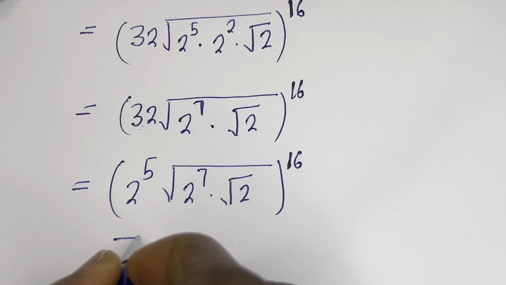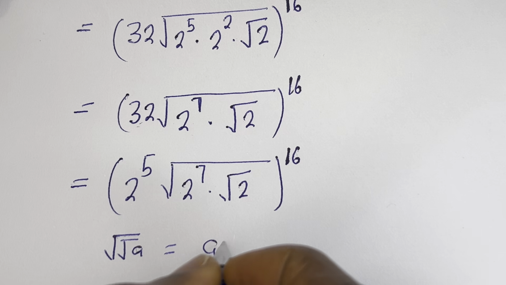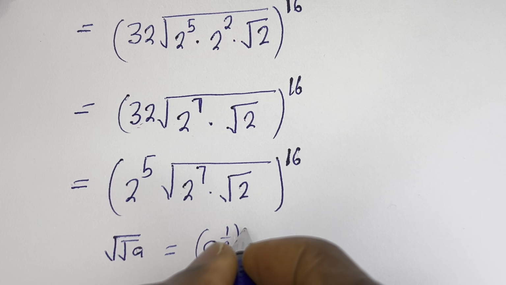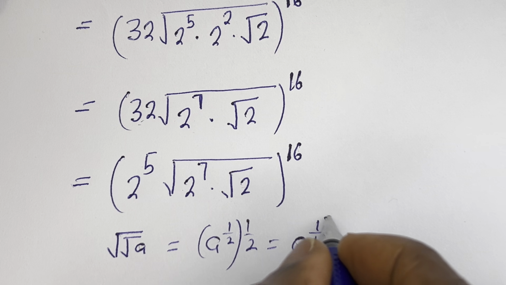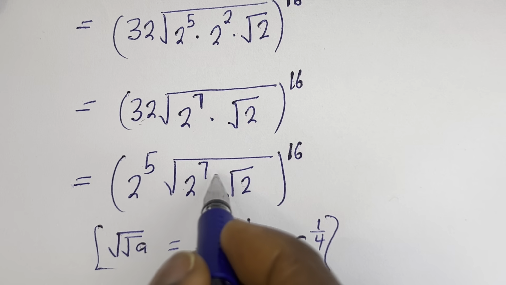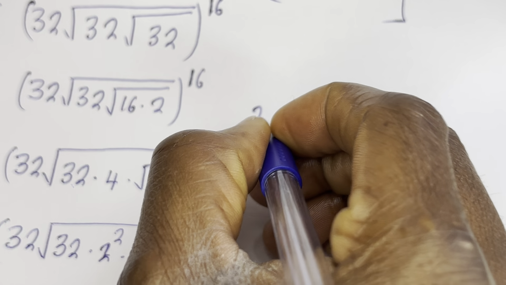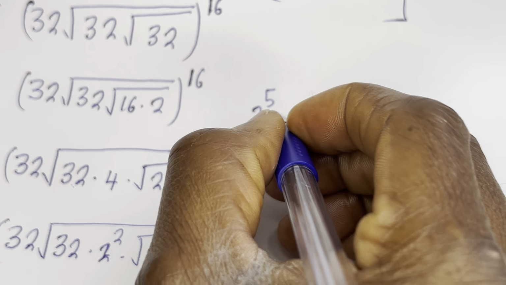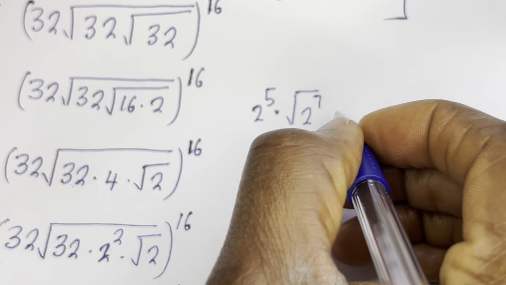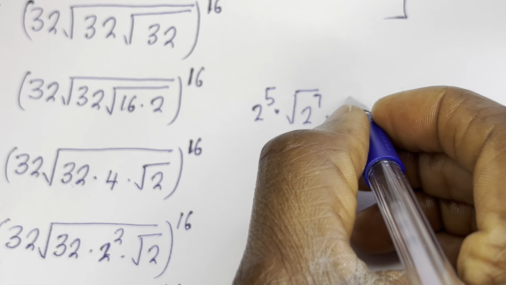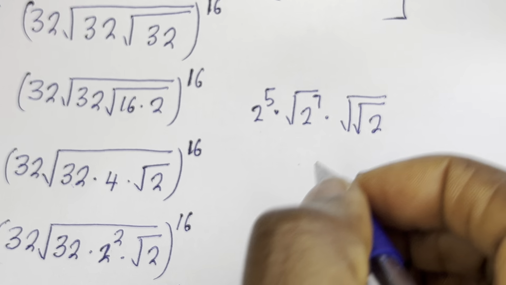Note that if you have square root of a, this is equal to a to the power of 1 over 2 to the power of 1 over 2. This is equal to a to the power of 1 over 4. Then this can be written as 2 to the power of 5 multiplied by square root of 2 to the power of 7 multiplied by square root of 2.